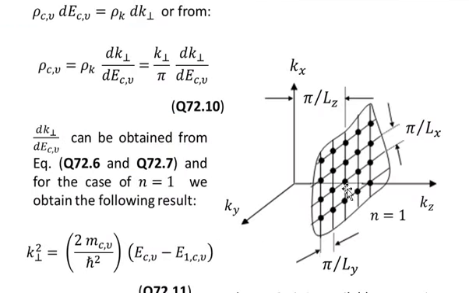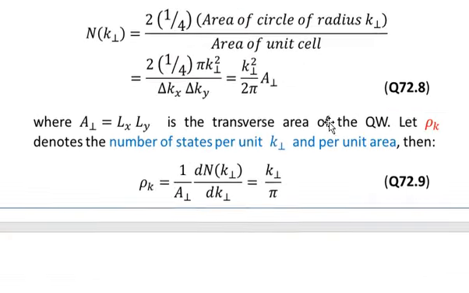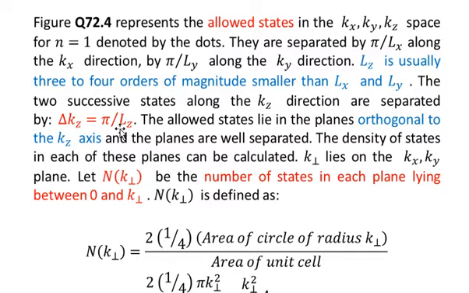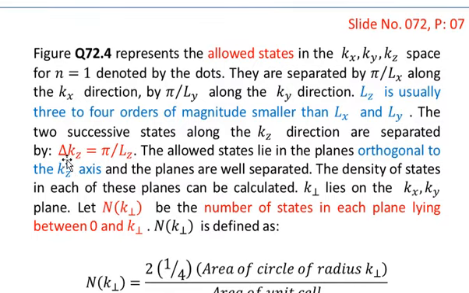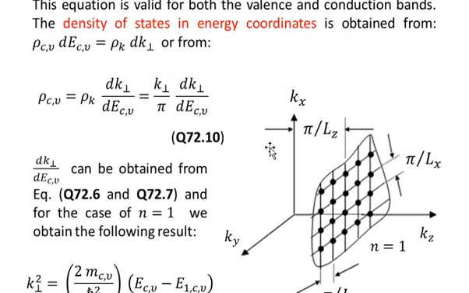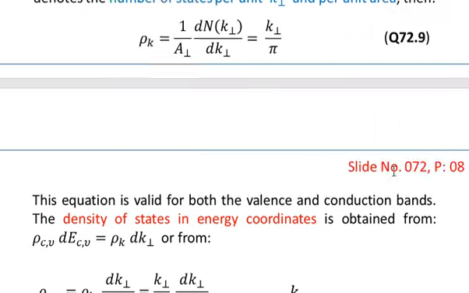The meaning is that the next level, the next plane will correspond to n is equal to 2, and that will be separated by another distance equal to pi over lz. So the difference between the two states along the kz direction will be equal to delta kz is equal to pi over lz. The allowed states lie in the planes orthogonal to the kz axis. You see that these states lie orthogonal to the kz axis.